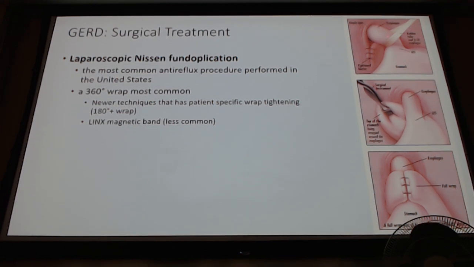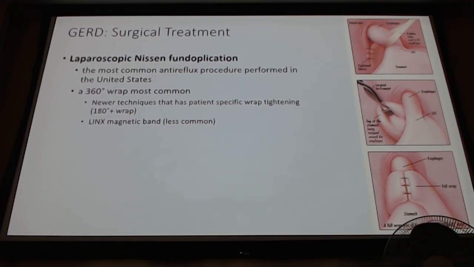And what we do is we isolate the esophagus, we find the diaphragmatic opening, the foramen, where the esophagus comes out. We tighten that so that it keeps the stomach down. Okay, we try not to over tighten it because then we can cause obstruction.